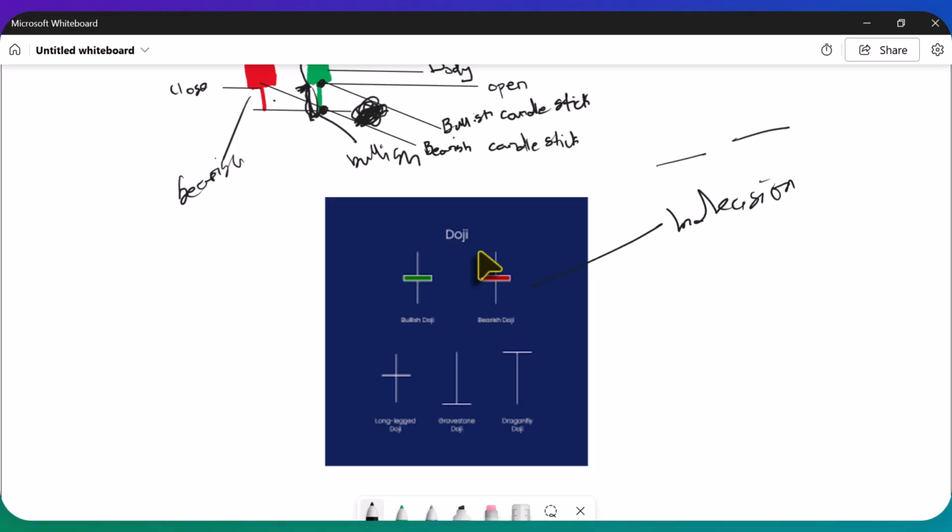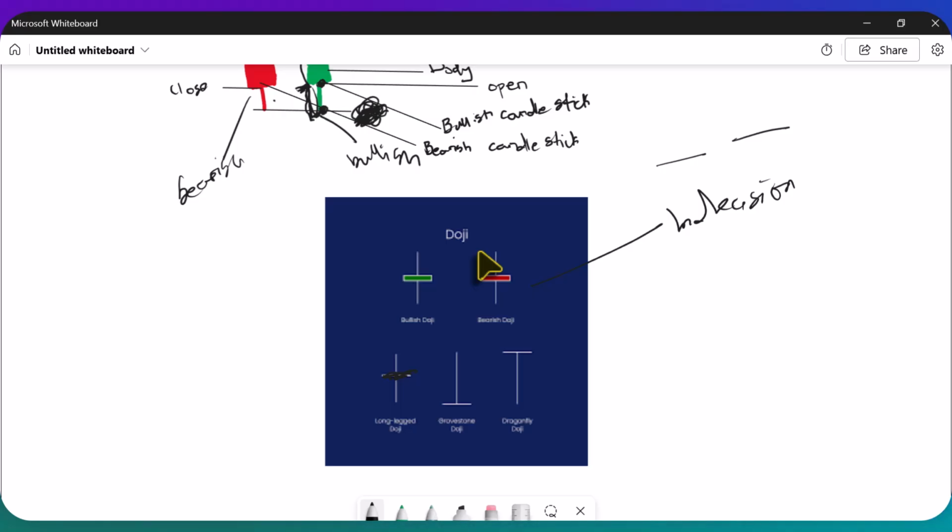As you can see, the open and the close are almost the same, just as if the open and the close were at the same price. Meaning neither buyers nor sellers were strong.